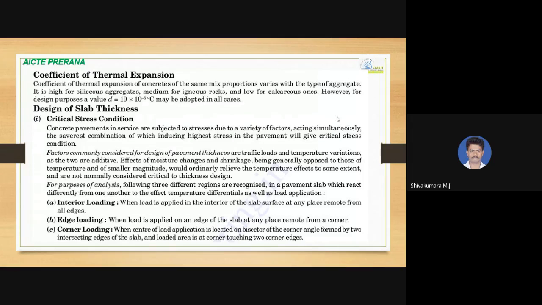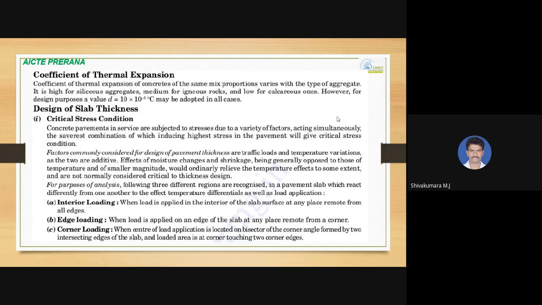Now we come to the design of slab thickness. In this, the critical stress condition needs to be checked. That is, interior loading, edge loading, and corner loading conditions need to be checked. Concrete pavements in service are subjected to stresses due to a variety of factors acting simultaneously. The severest combination of which, inducing the highest stress in the pavement, will give the critical stress condition.